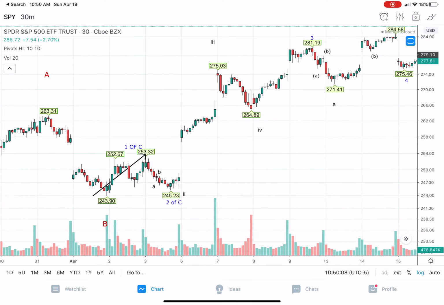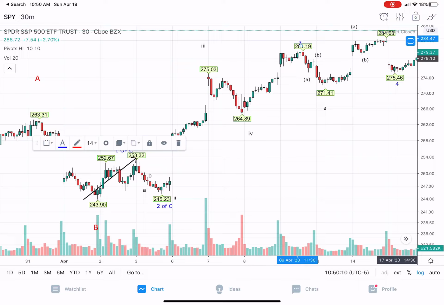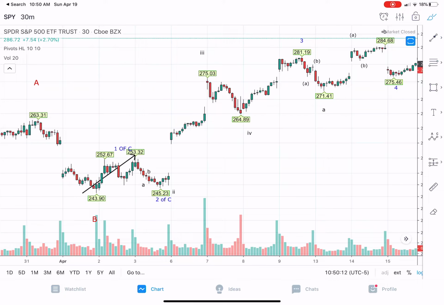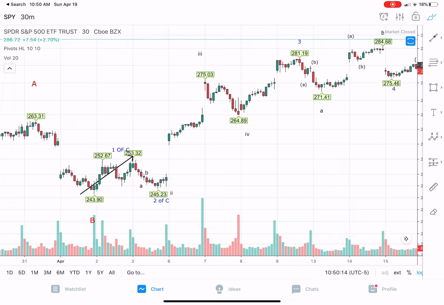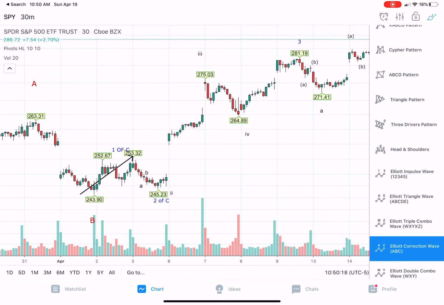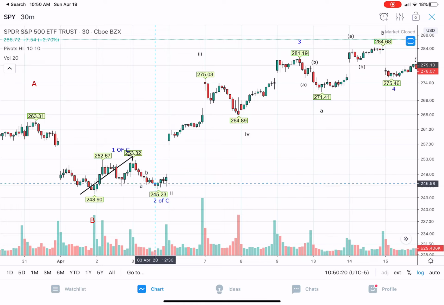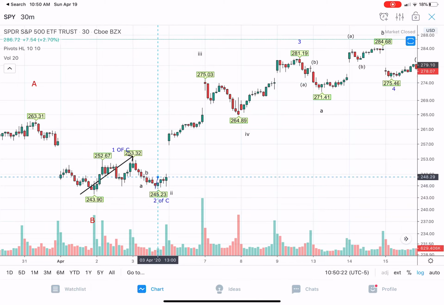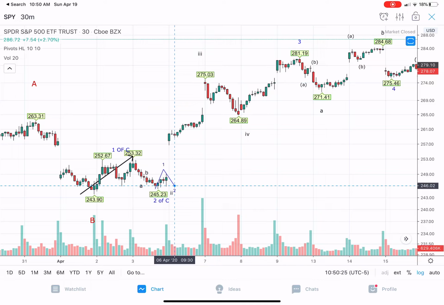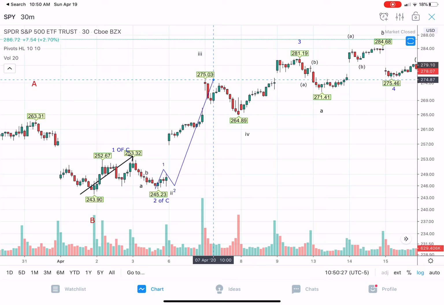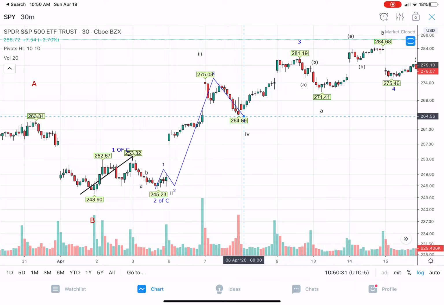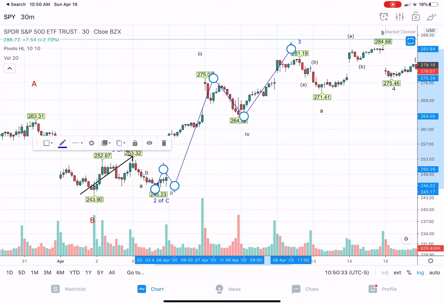And then following that, we would have to count 5 more subwaves that compose wave 3. Because remember, impulses subdivide into 5 waves each. So from this wave 2 low, we have to count 5 waves up. You get wave 1, 2, 3, your explosive wave 3 up, then your wave 4, and then your wave 5 here.